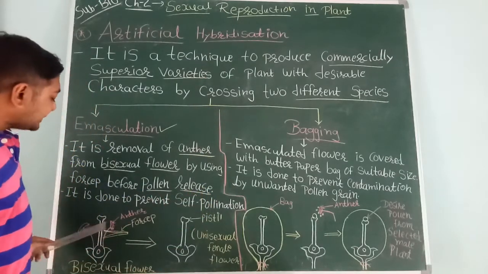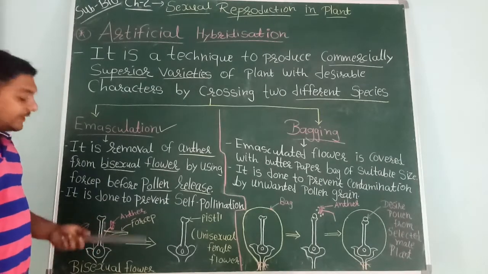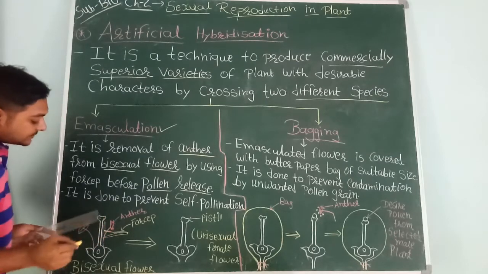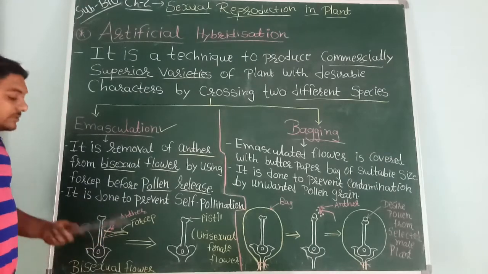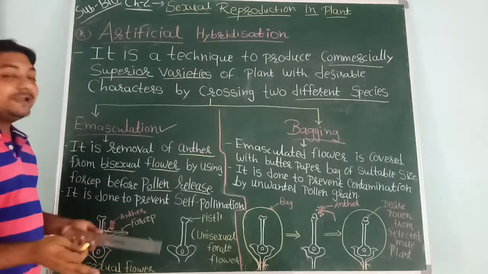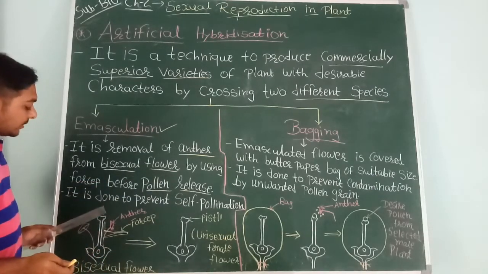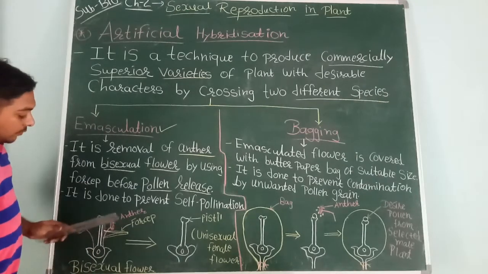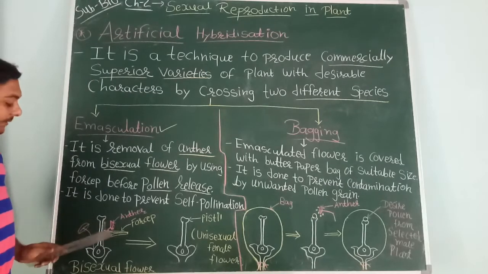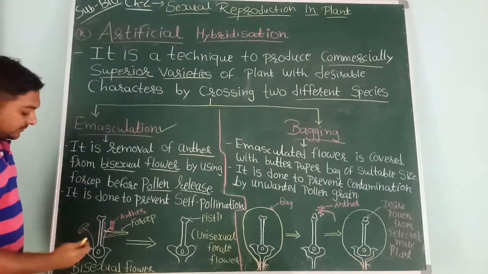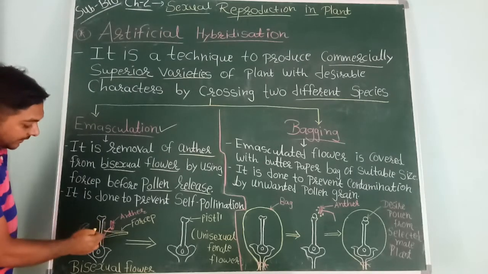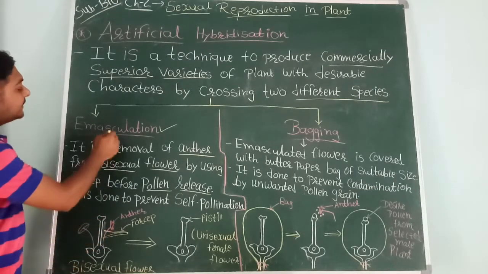In a bisexual plant, if pollen is released early, then this pollen can transfer to the stigma of the same flower, so there is no change in genetic material. If we want to produce a combined plant, then this pollen grain should not transfer to the stigma, so we have to remove this anther from the bisexual flower by forceps or scissors. We cut the anther from the flower, and this technique is known as emasculation.